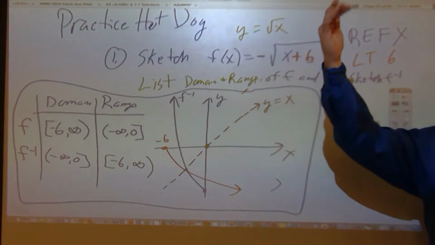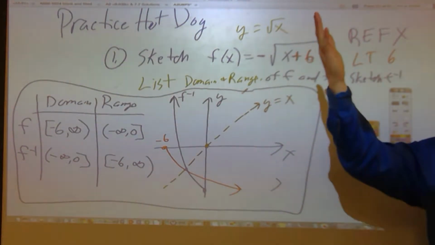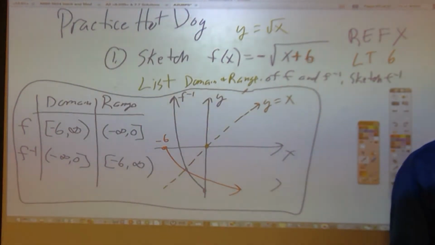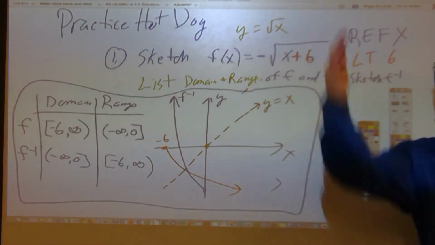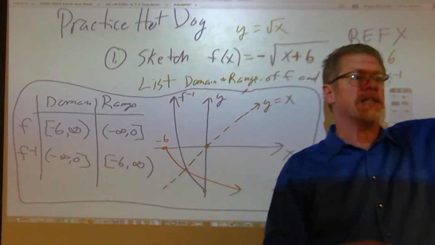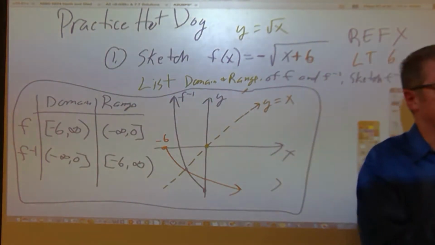That's the relationship between square root graphs and their inverses. One is a square root, one is a square. If the original function is either the right half or the left half of a parabola, then its inverse will be either a positive square root or a negative square root.